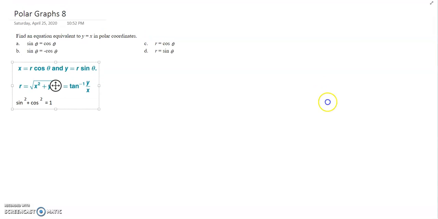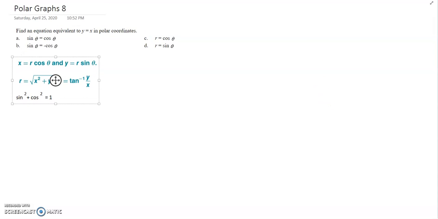All right, number 8 says find an equation equivalent to y equals x in polar coordinates. This one is really easy to do by just replacing. We know how to replace y with r sine theta and x with r cosine theta. So y equals x.